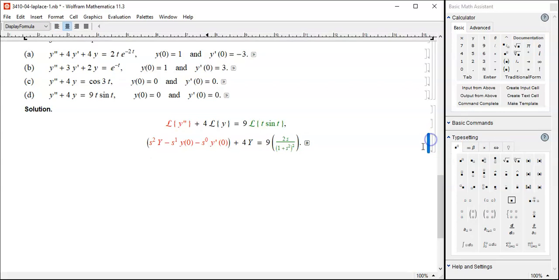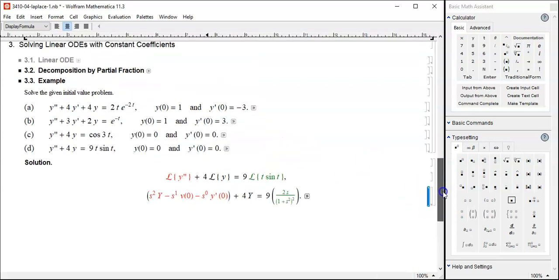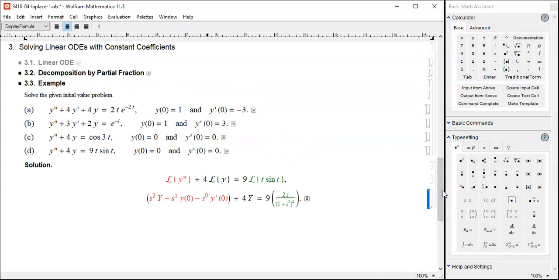So, okay, we have all that. What do we have next? Let's see. y of 0 is 0, so that one drops out. And y prime of 0 is also 0, that too drops out.